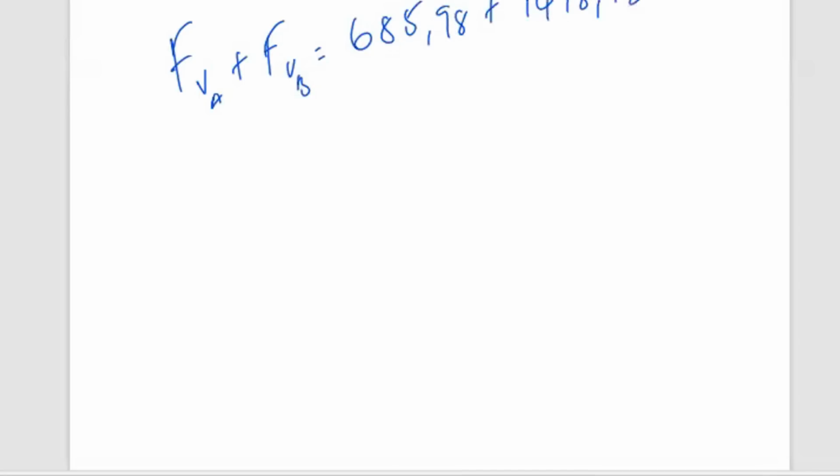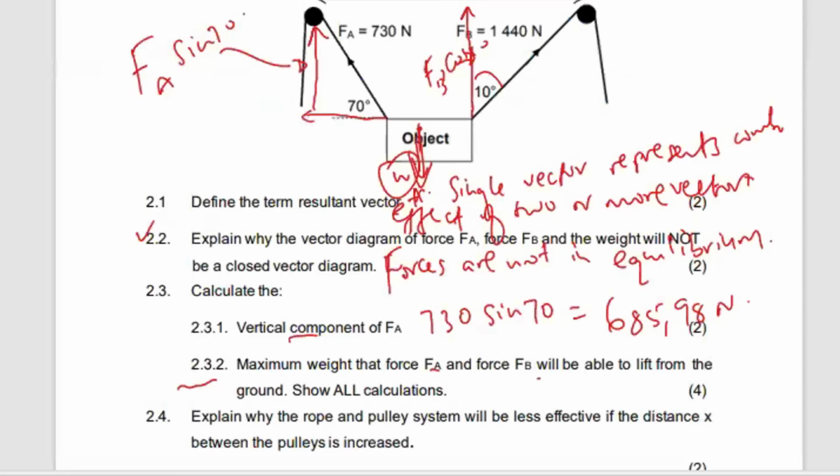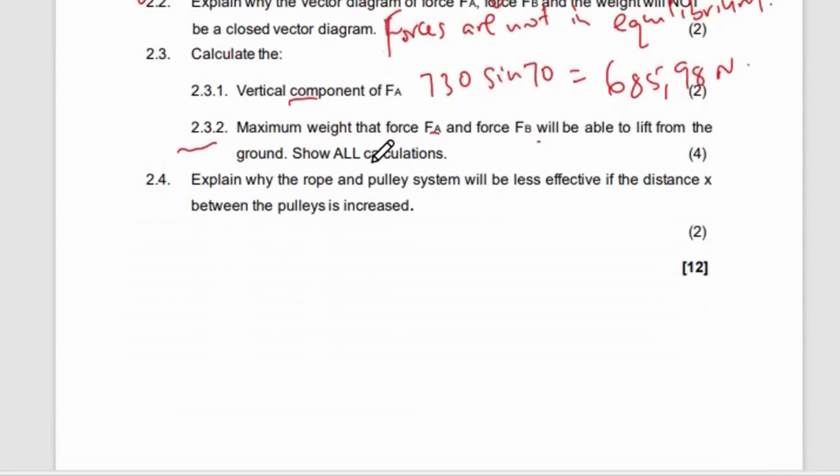Okay. F vertical of A, we got 685.98, which means FVA plus FVB will be 685.98 plus the 1418.12. When I add those two, I'm getting 2104.10 newtons. So that's the weight that the two pulleys or the two ropes will be able to lift.